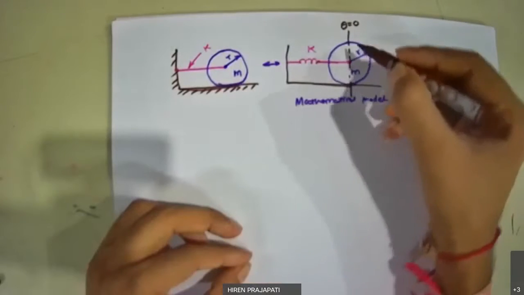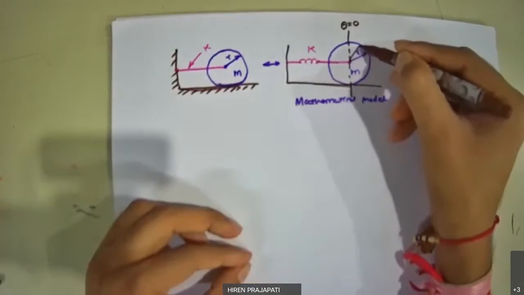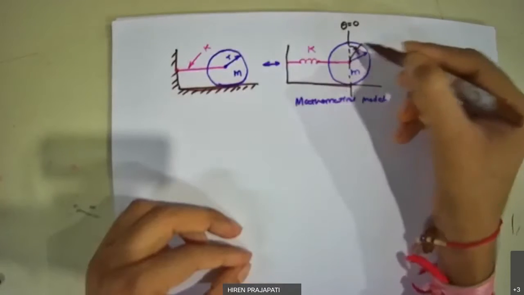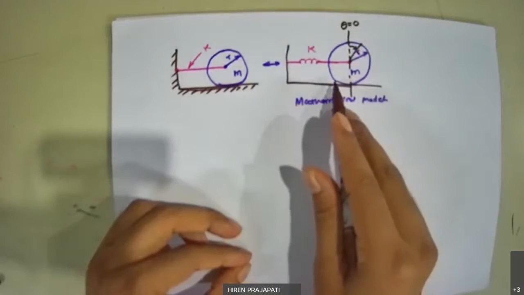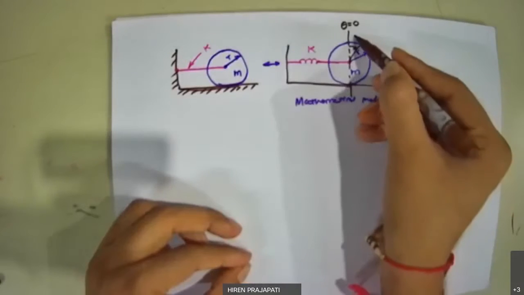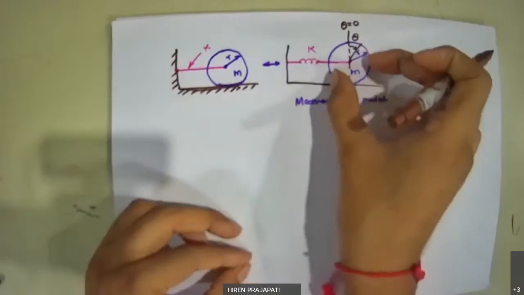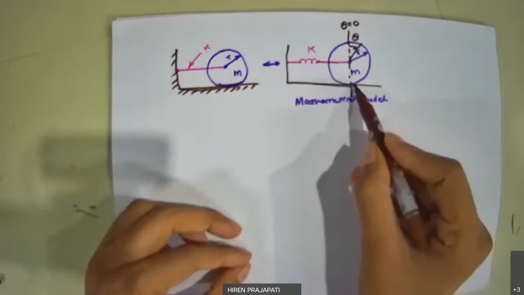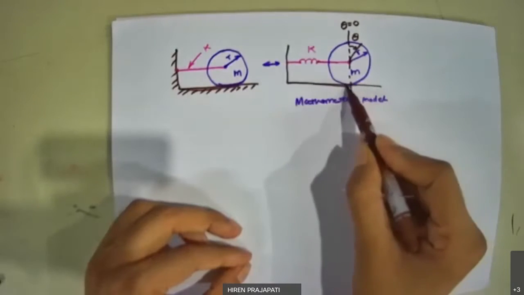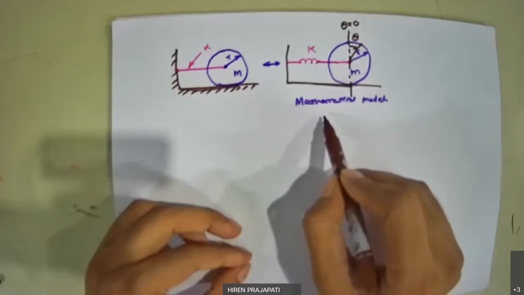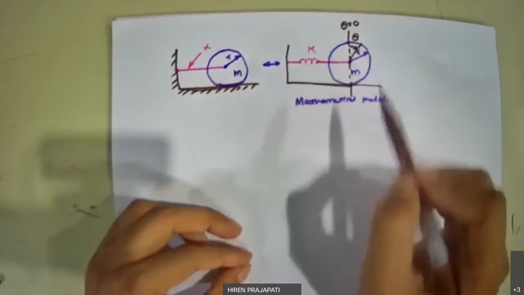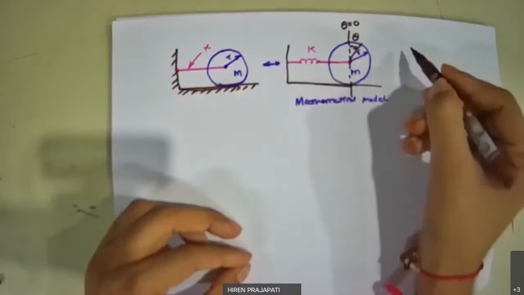Now let us consider we have given some angular displacement, so we are initially disturbing this system by giving some theta value. Due to this angular displacement, what happens? The disc will roll on this horizontal surface. How much does it roll?